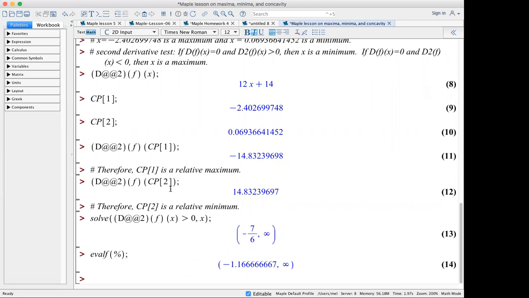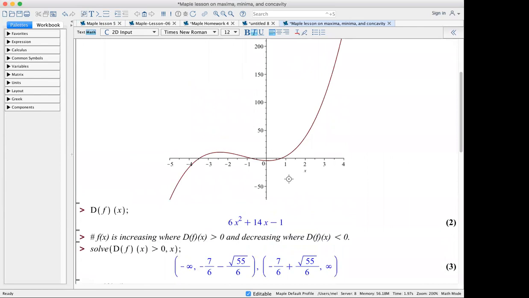So f of x is concave up on this interval because the second derivative is positive there. Here it is. From here on up is positive.